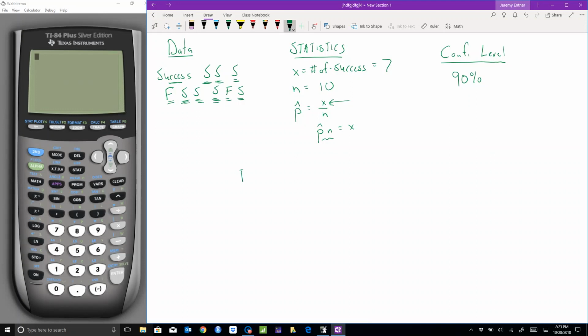You might have to compute p hat. In some cases, you'll be given it, and then you just use it flat out there. In other cases, you'll have to compute it, which again is just x divided by n, which in this case is 7 successes divided by 10 total, which means we get 0.7 as an option there.